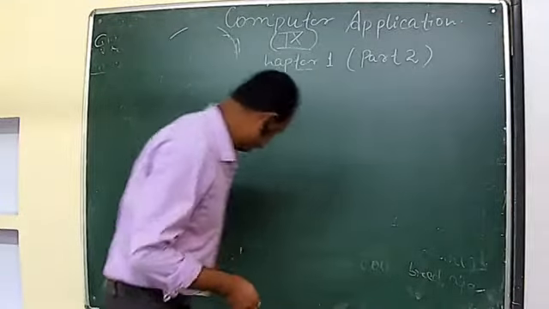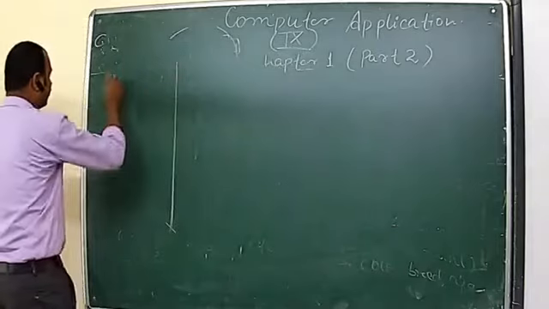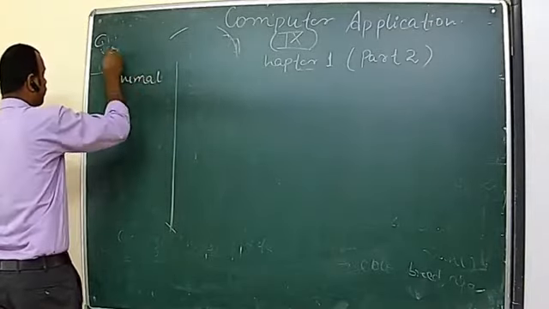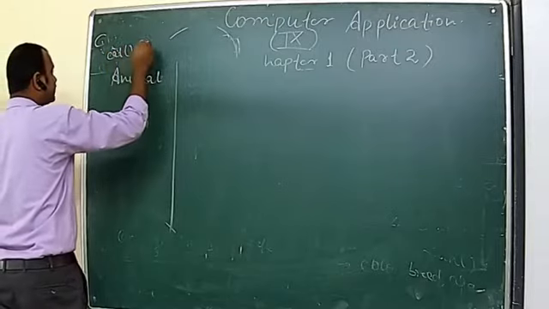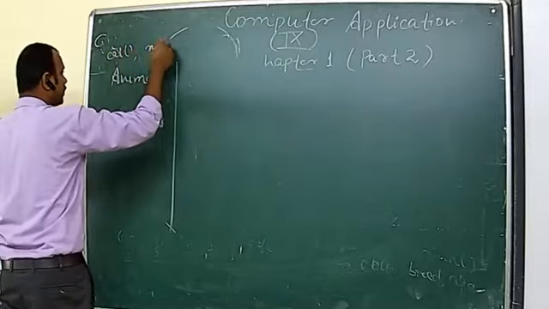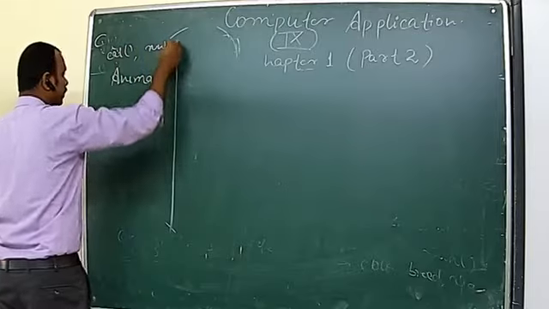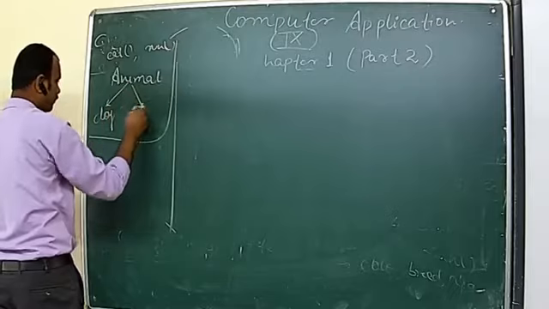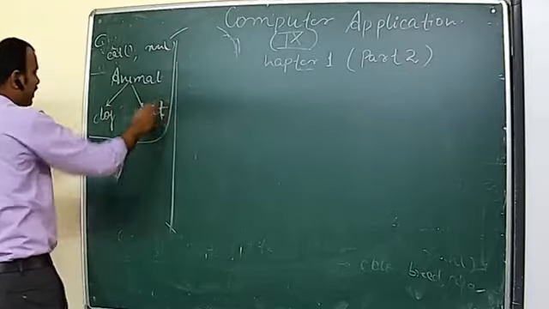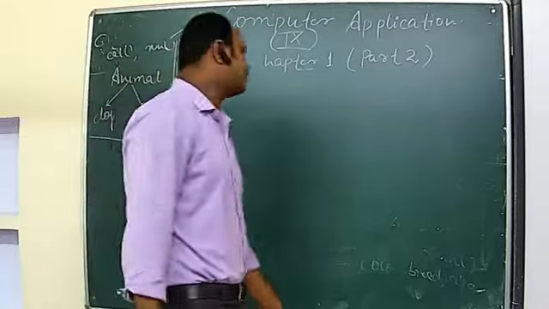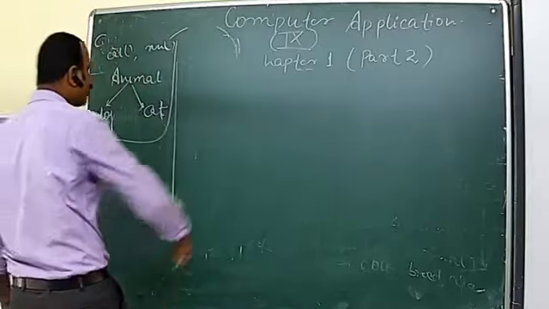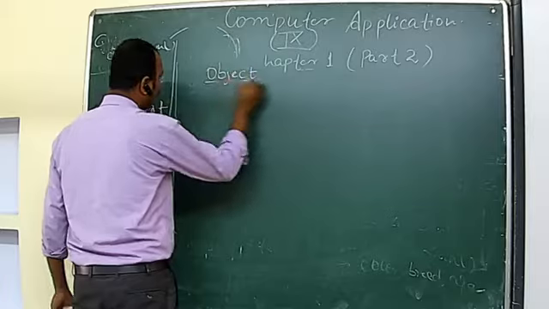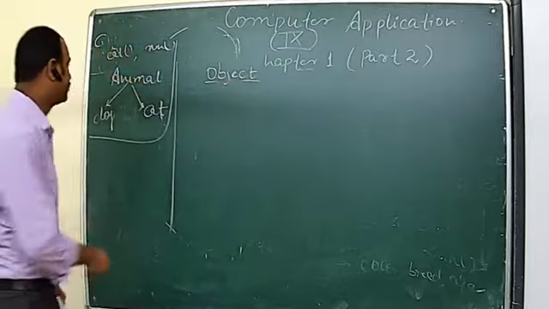The same animal example we can take here for understanding objects. Eat and run were the methods, and it was dog, cat. We'll take only one and see the objects. What is the definition of object here?